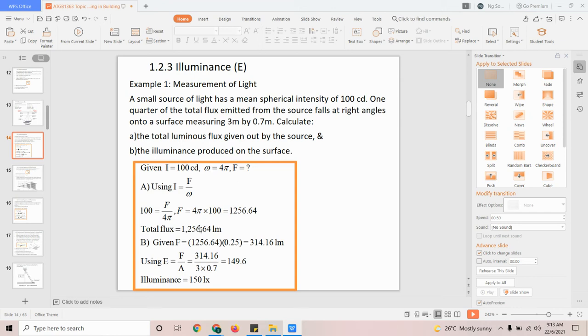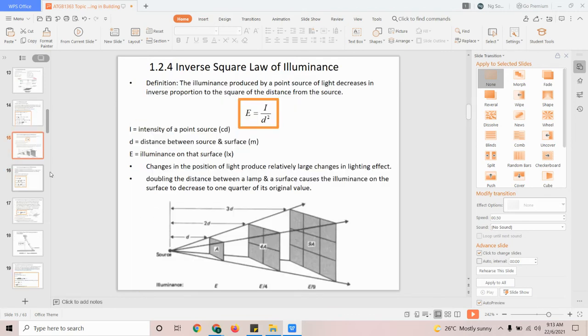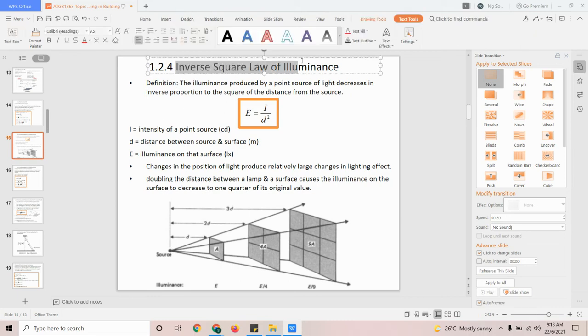Okay, so this is the most basic. If you are given just a single distance, you are not given a distance on how far a light is measured from. So when it comes to distance, we are given the inverse square law of illuminance.